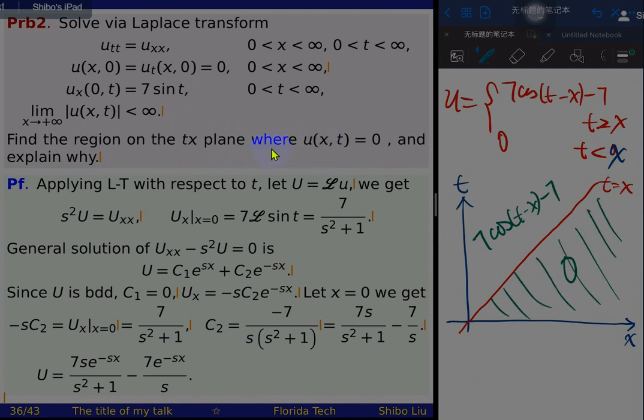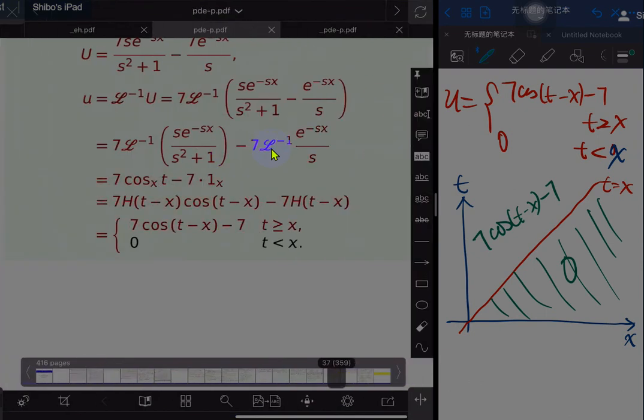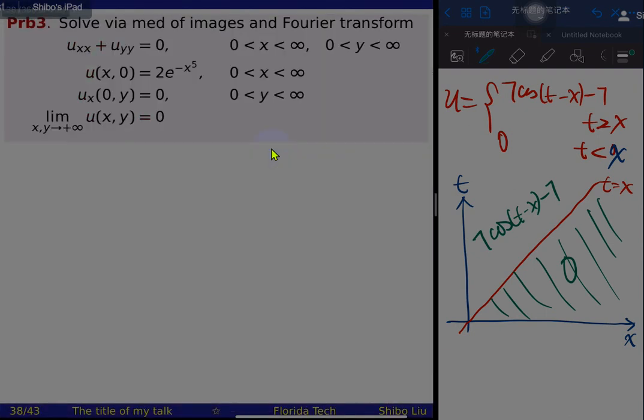Okay, so this is the second problem. Now let's go to the next problem. The next problem is a Laplace equation, uxx plus uyy equals 0.